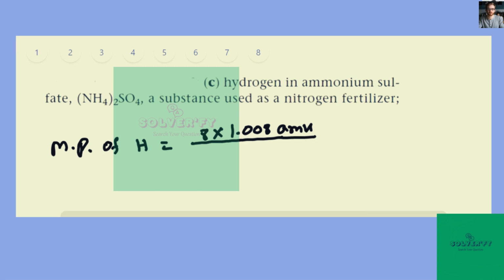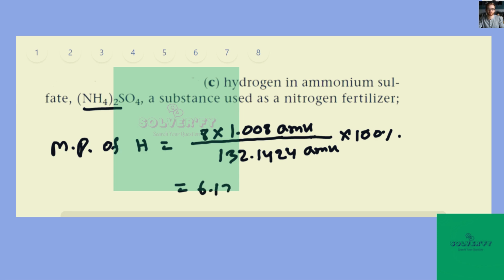In the bottom we have the formula weight of (NH4)2SO4, which is 132.1424. If we calculate it using the process we provided previously, we times it by 100%, and it will give us a value of 6.10%. So this is the mass percentage of hydrogen in ammonium sulfate.